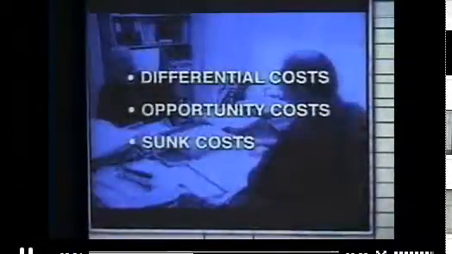And to compare alternatives, costs are further classified as differential, opportunity, and sunk. In the end, calculating costs isn't a cut and dry process. Managerial accountants must tailor internal and external reports to reflect each company's unique cost issues.